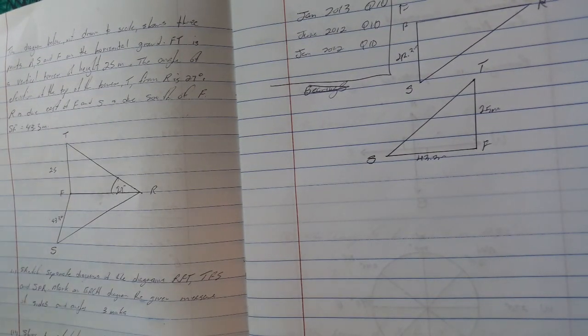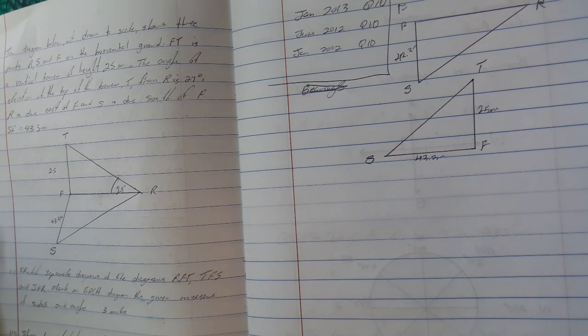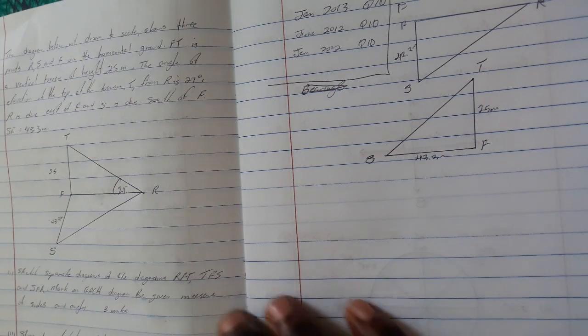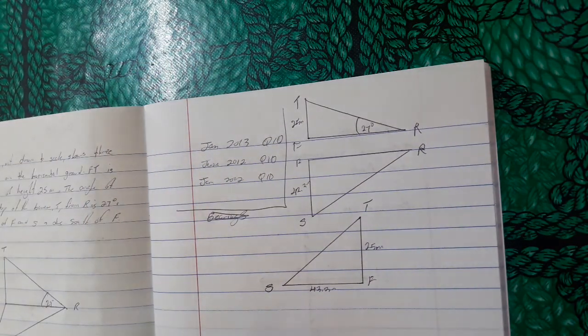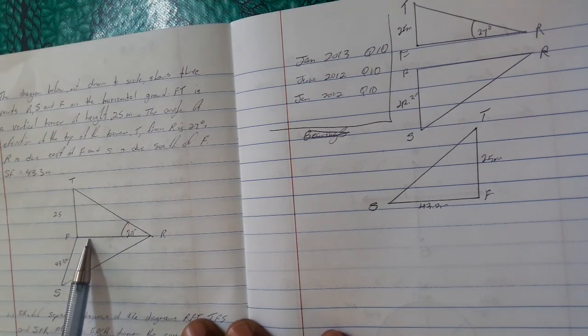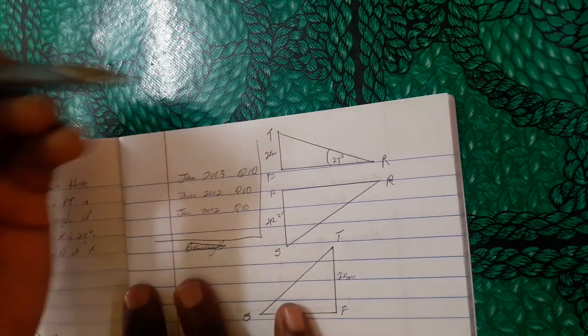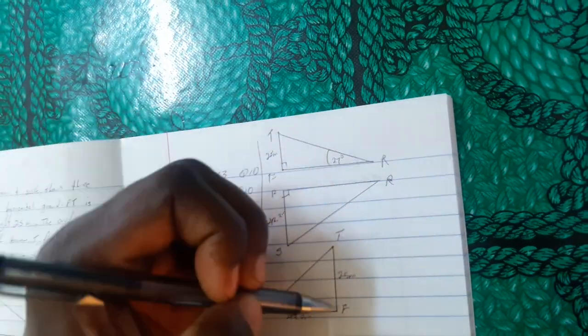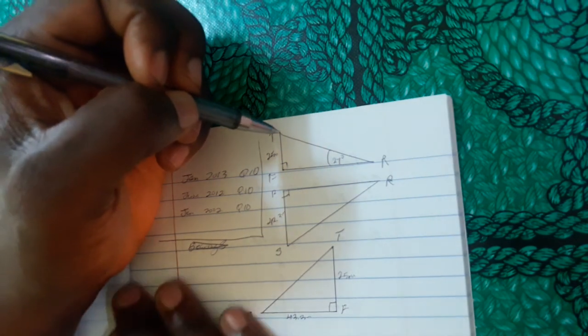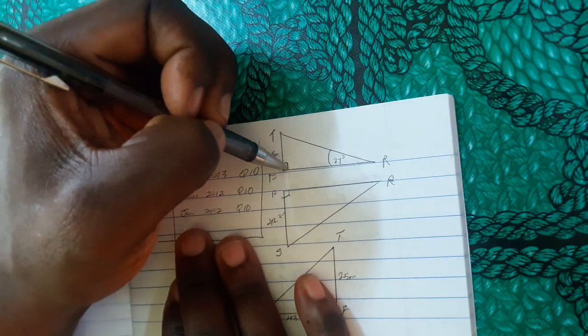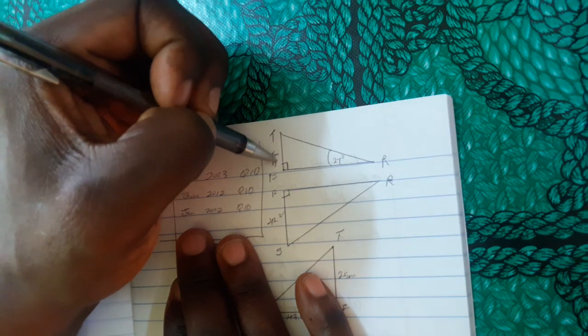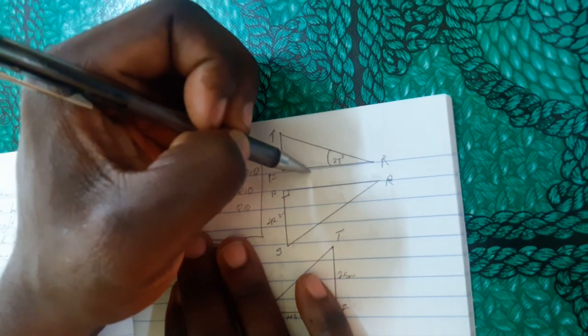So let's attempt to solve the questions now. Show by calculation that RF is equal to 49.1. RF, from R to F. So that would be this distance here. We have that triangle at the top there. On right angle triangles, we know that the trigonometrical ratios and Pythagoras theorem are used. So this is the opposite side, this is the adjacent.